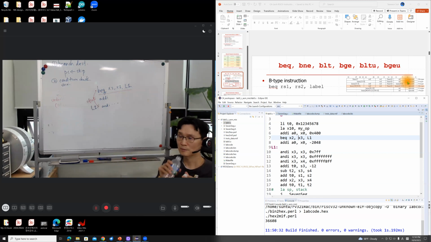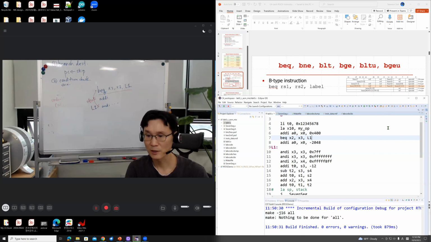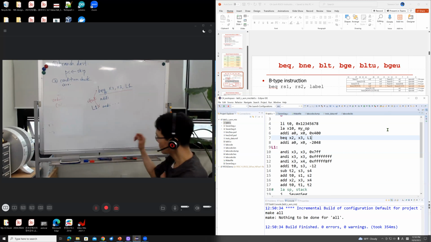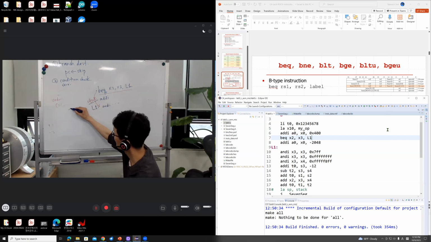Okay. Probably you can do the math first, so let me compile it. Save and Control B. So we can do the math first. What kind of information is encoded in the offset? The number of 2 bytes.